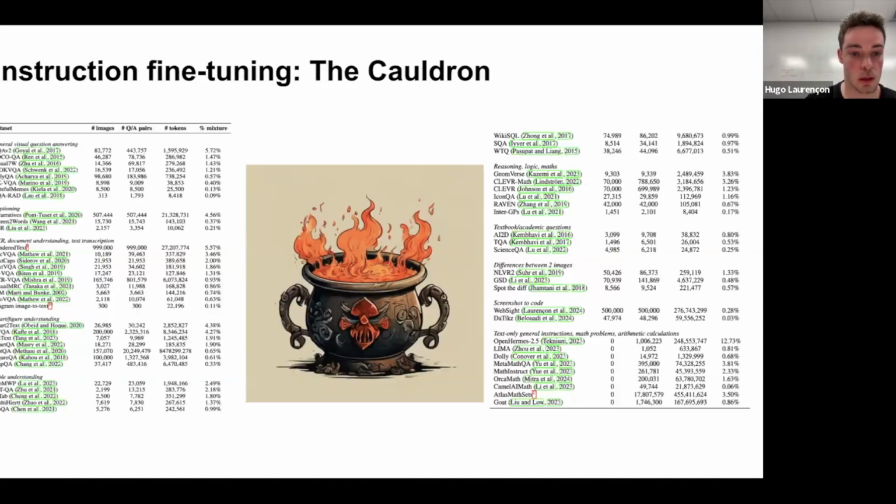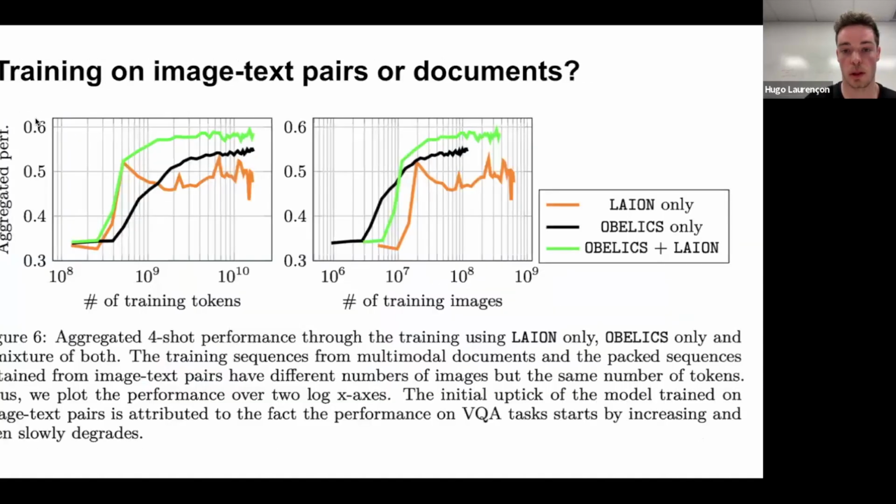If I go back to the previous ablation here, with the training on LAION only, so only on image-text pairs, we saw that at some point we had a drop in performance, because we were bad at few-shot examples. The model couldn't really handle long text, simply because the image-text pairs are very short. So by training on Obelics, we kept a bit more the distribution of the text-only language model, and it performed better.